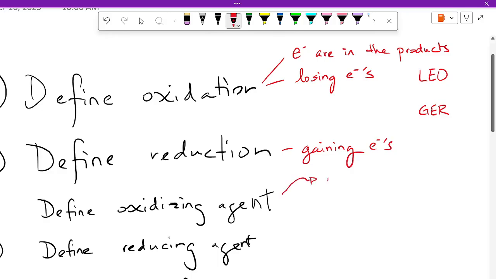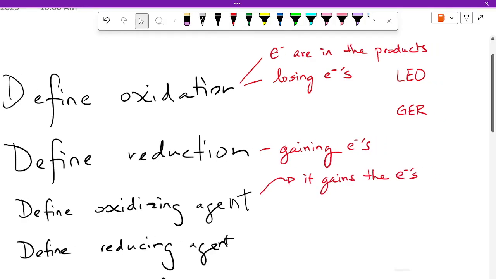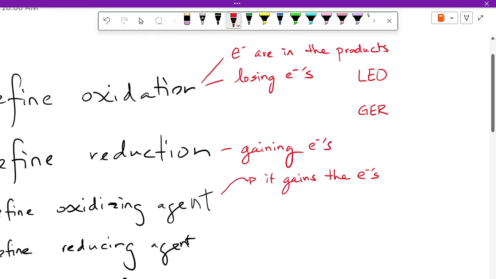So it gains the electrons, which means that it is oxidized or reduced? Reduced. If it is reduced, then why do we call it the oxidizing agent?